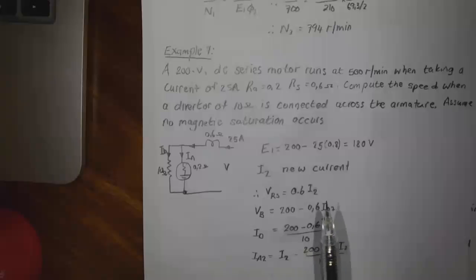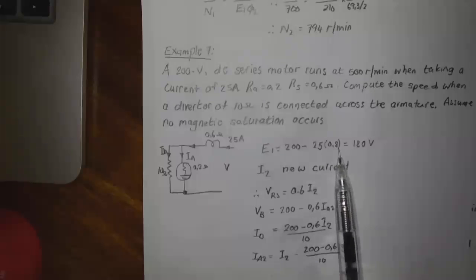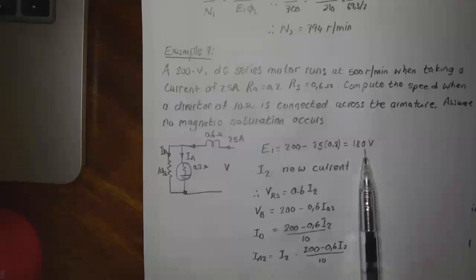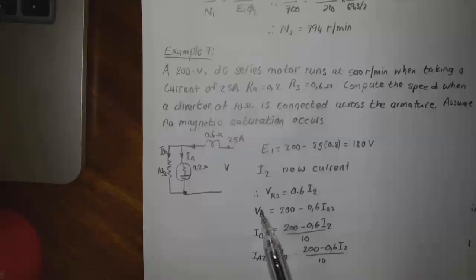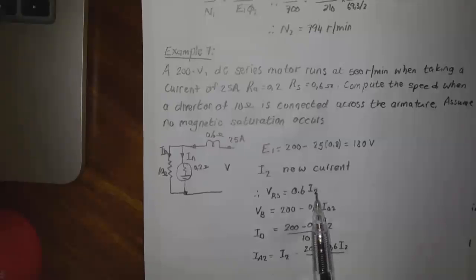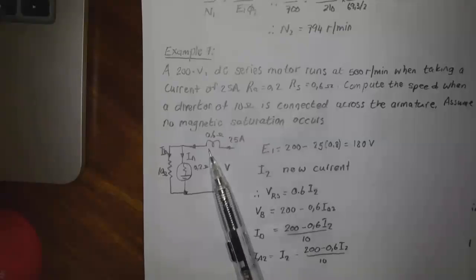So E1 is 200 minus 25 times 0.8, is 180 volts. I2 is the new current. So VRS, that is 0.6 times I2, that's the theory.